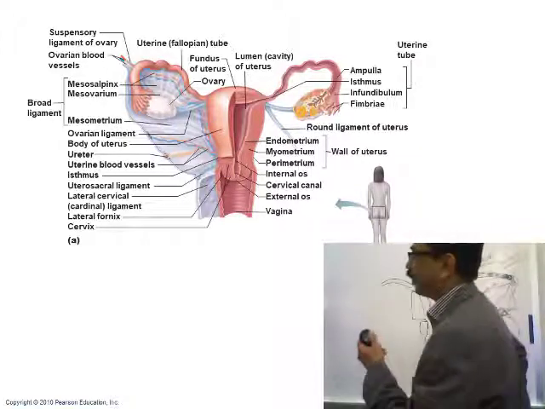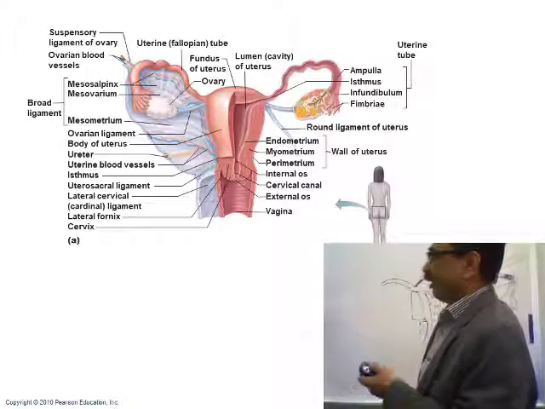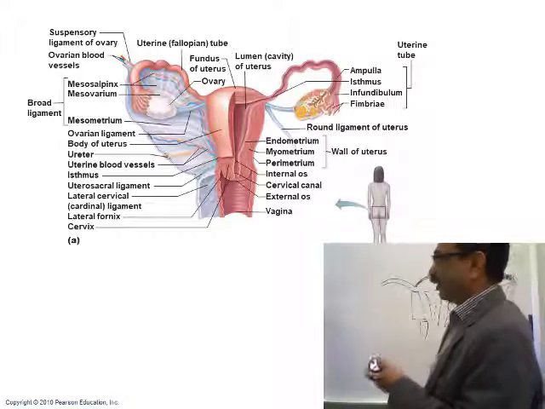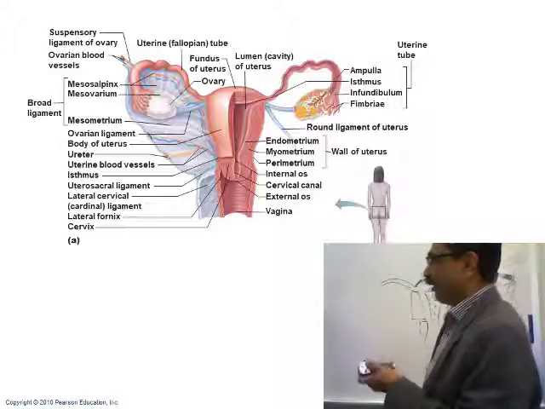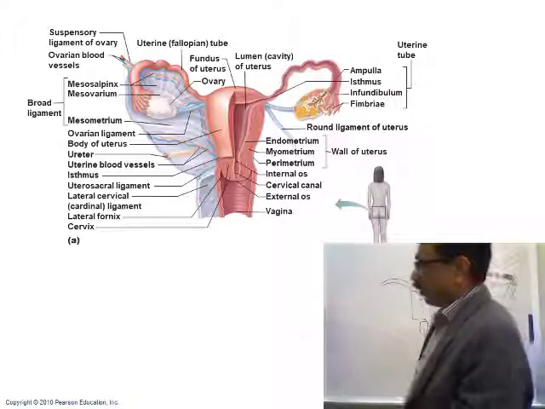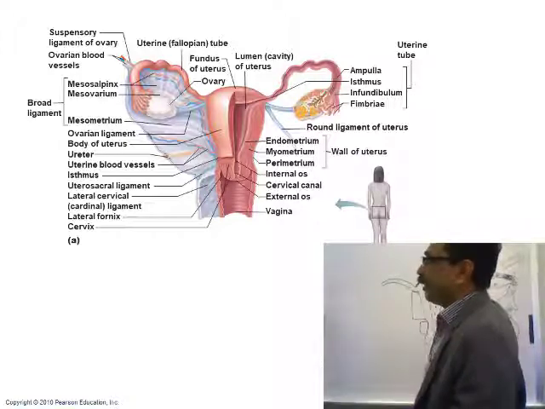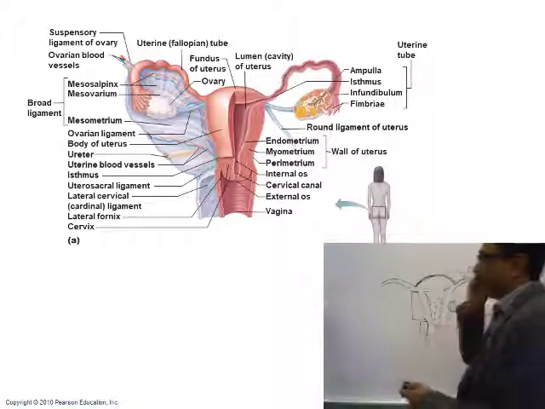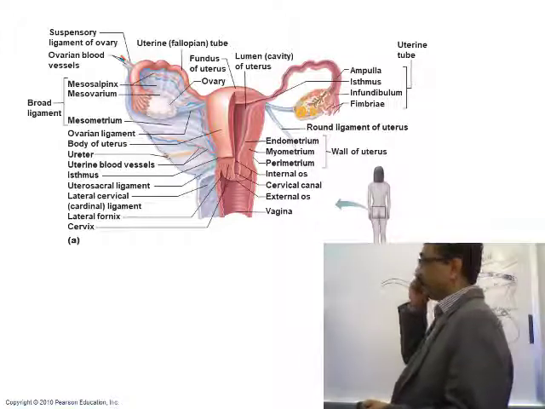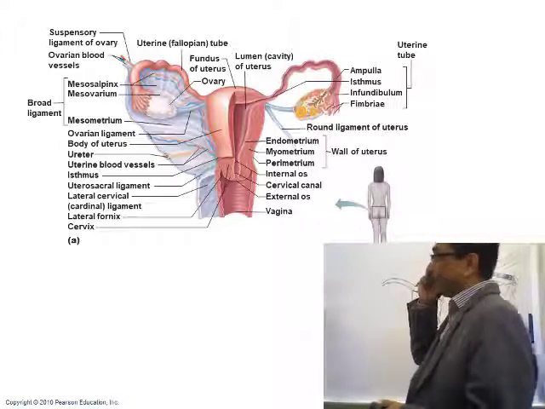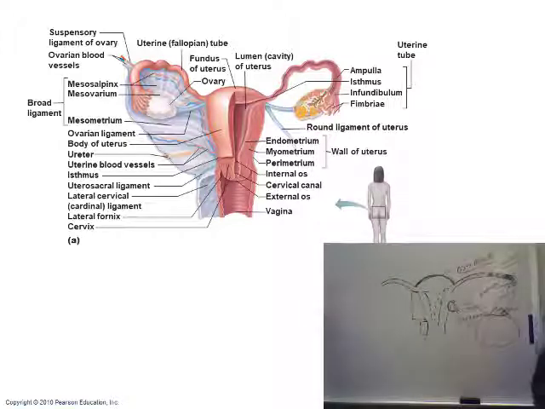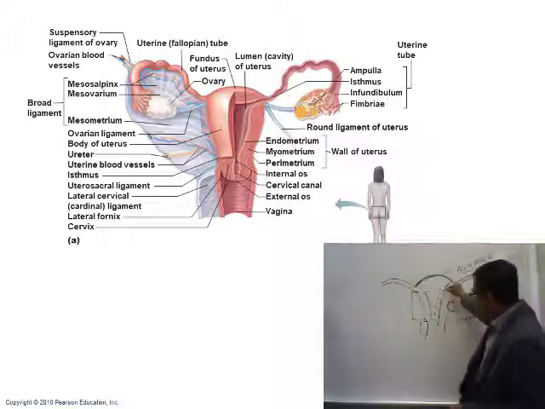So here you see the parts of the uterus: fundus, isthmus, body, cervix, cervical canal, and two osses, external and internal osses, and three layers in the wall: perimetrium, myometrium, endometrium. Now, the endometrium, the inner layer of the uterus, has two sublayers.